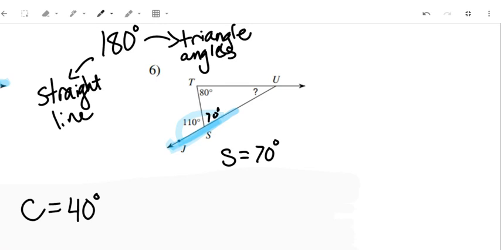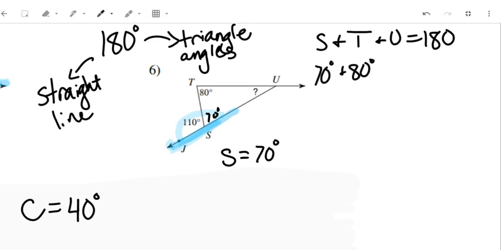Now, again, magic number. S, T, and U add up to what? Magic number, 180. So if I know that T is 80, I just found that S is 70, then I'm just missing U, which was our question mark angle I was trying to find.